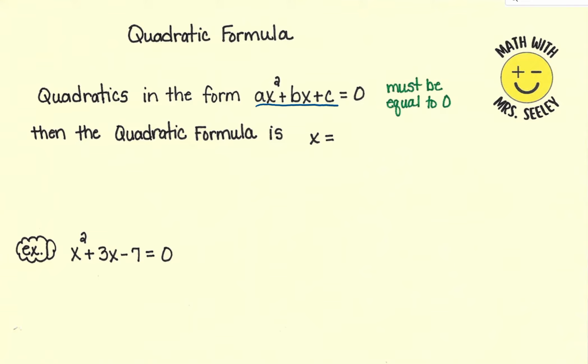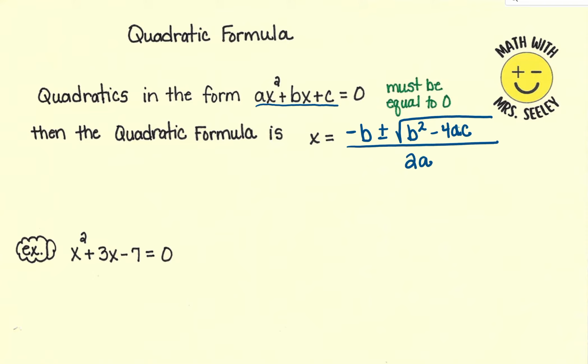If you are in this form, then the quadratic formula is negative b plus or minus the square root of b squared minus 4 times a times c all over 2a.